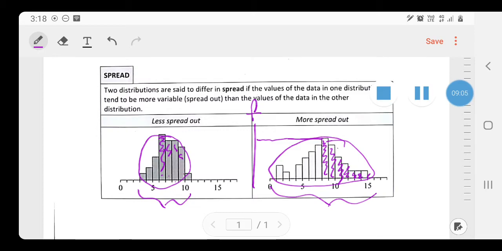So that would mean that in the group of columns that are less spread out, if the total of the heights of all of those columns is equal to the total of the heights of all of these more spread out columns, that would have to imply that these columns here are shorter or not as tall, okay? But that won't always be the case. All right?